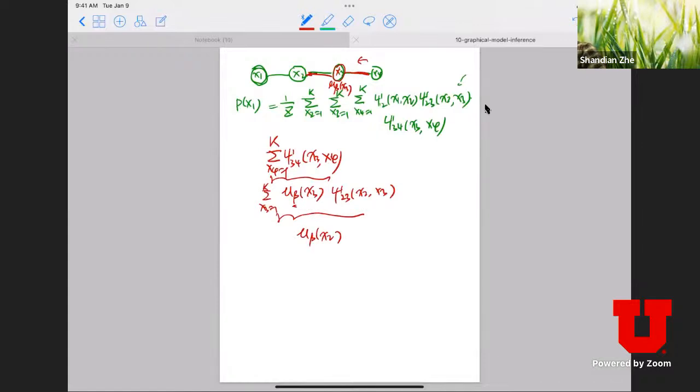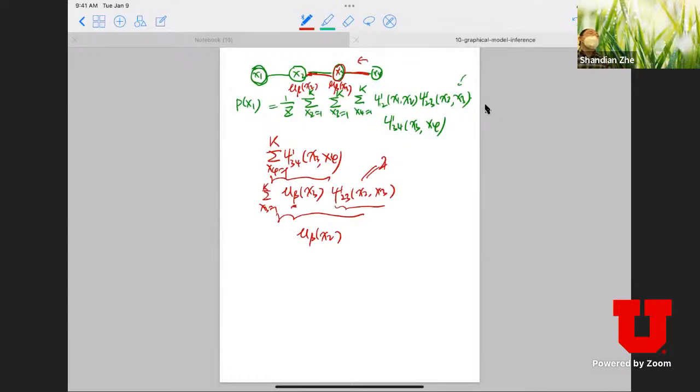We denote it by mu beta of x2. Again, the benefit is that if you change the value of x2, like x2 equal to 1, you just need to vary x3 from 1 to k and multiply the corresponding mu beta function. If you change x2 to 2, you just need to vary this potential function, but the inner summation has already been computed and cached.